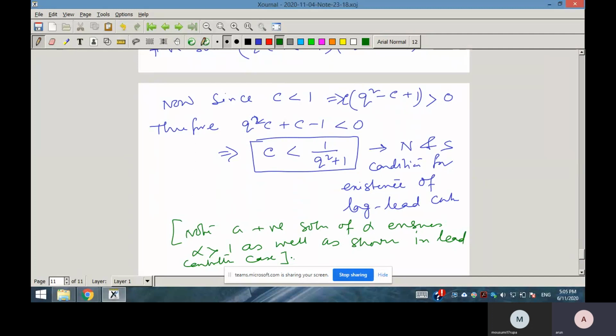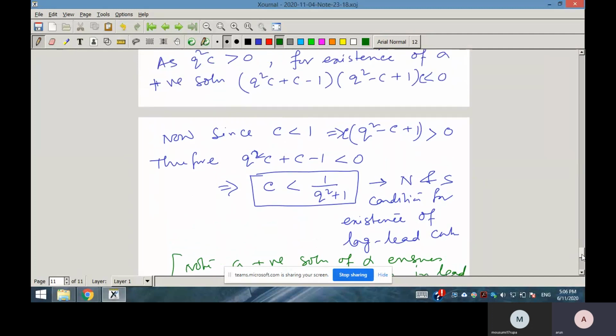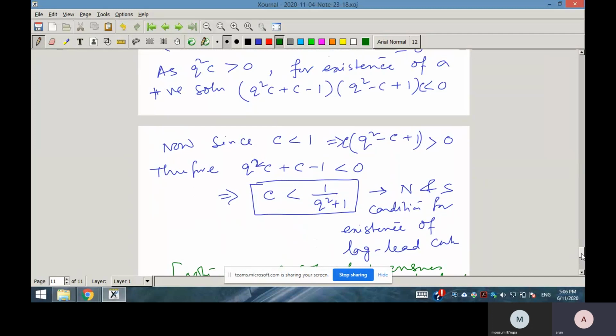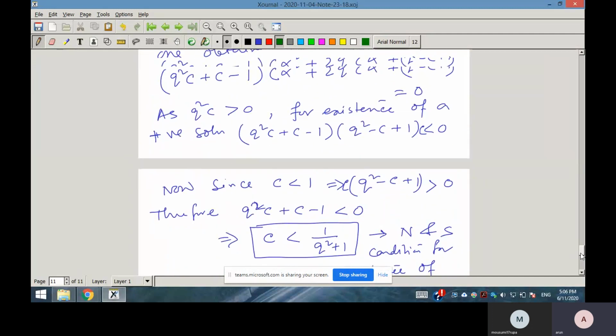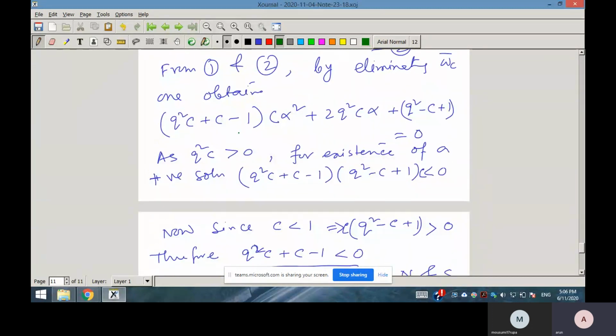Okay, so this you can easily prove. Just before equation 5 of the lead controller, as we have shown, similarly here also you can easily show that if a positive solution exists, then that solution will be greater than 1.